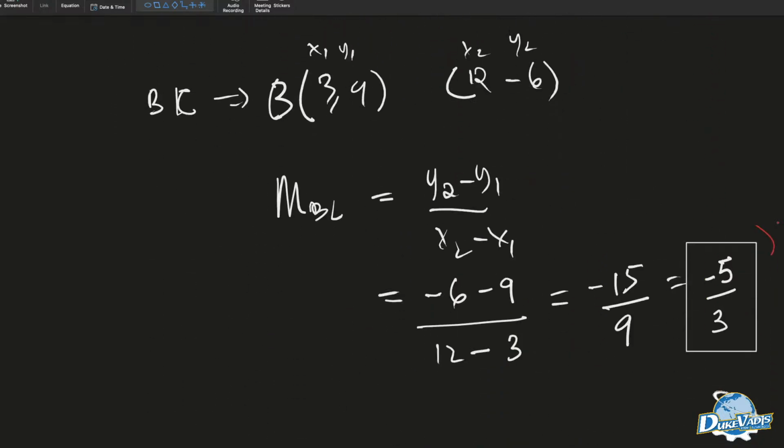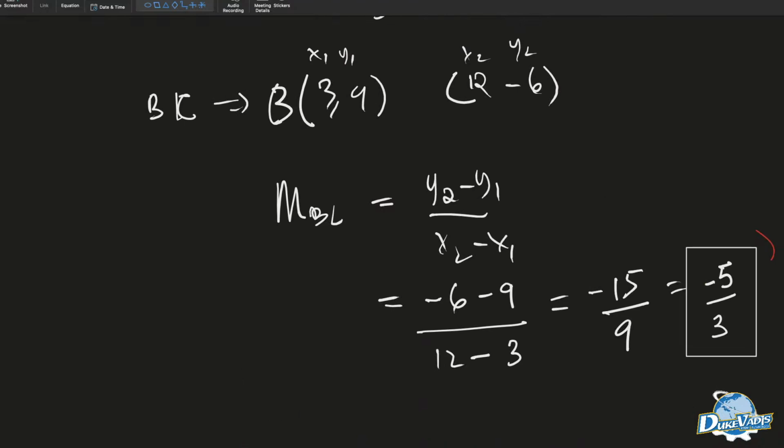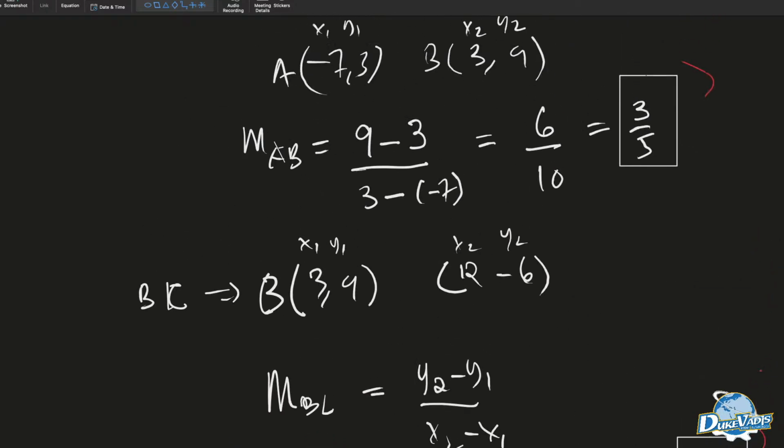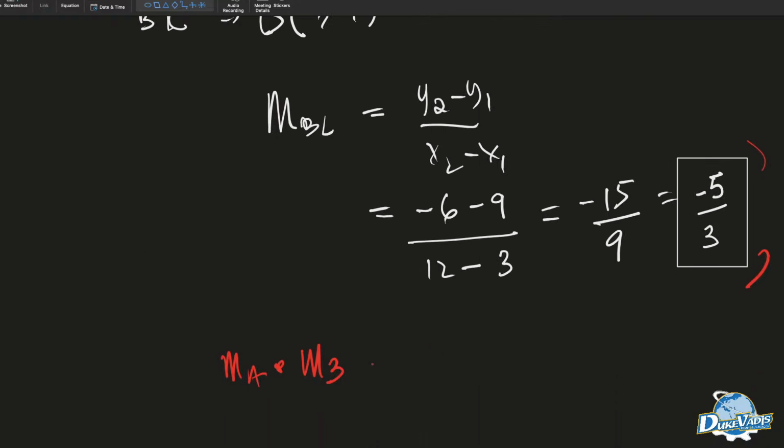MAB multiplied by MBC: the first one is 3/5, multiplying -5/3. And that for sure gives us -15/15. And this implies that the gradient of AB multiplied by the gradient of BC gives us -1. Hence, the proof.